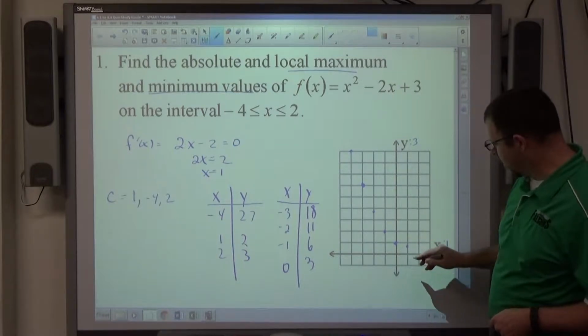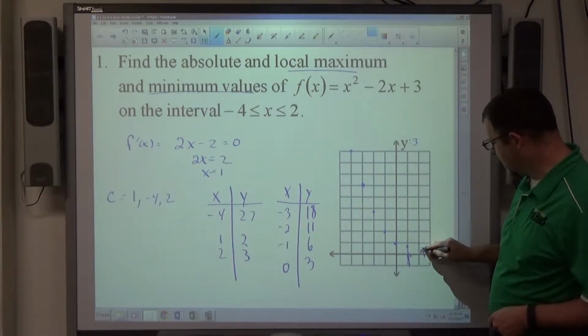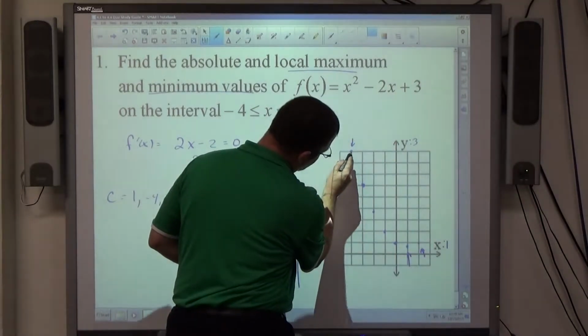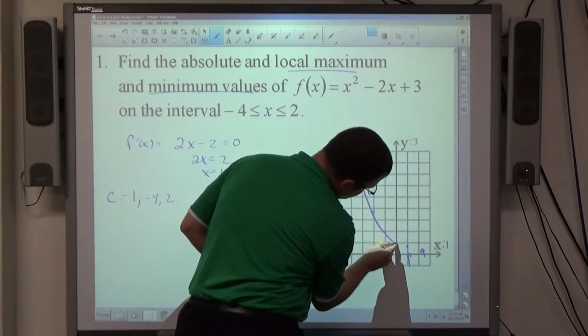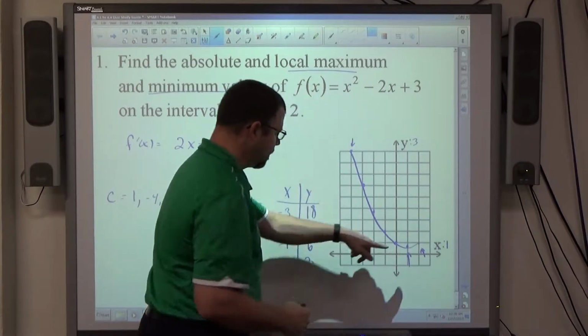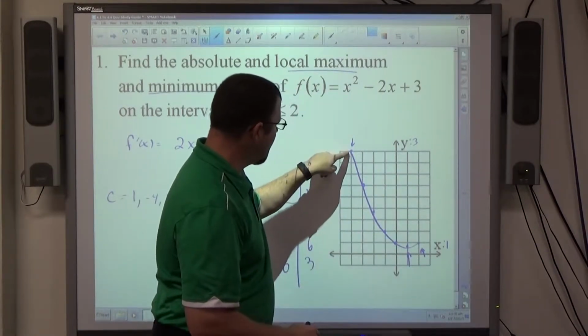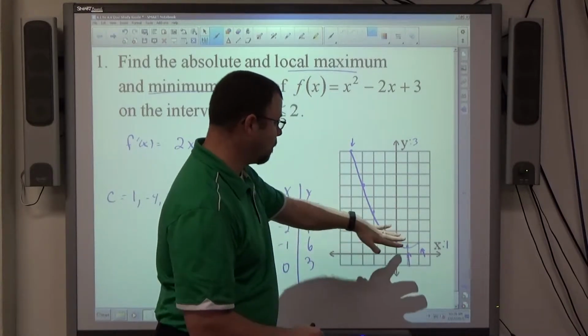And just looking at it, a critical number happened here, and here, and here. If I were to connect those dots, we can see that this critical number represents the lowest point, this represents the highest point in the graph, and this represents the highest point in its area.